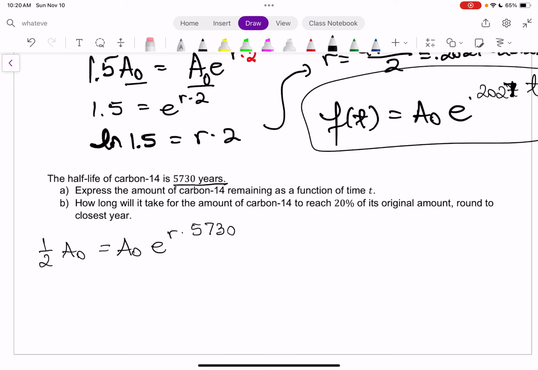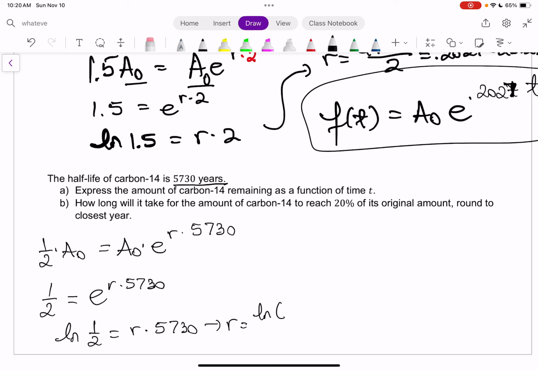So same thing, we're going to divide both sides by A naught. We're going to get rid of e by using a log. And now we're going to divide the log of 0.5, or a half, by 5730.